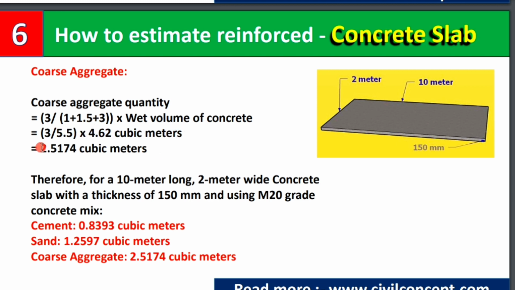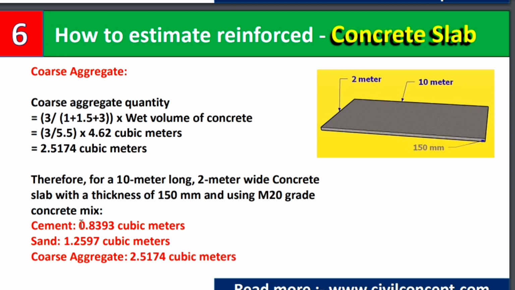Okay, so after calculating we'll get 2.5174 cubic meter of the coarse aggregate. Okay guys, so therefore for 10 meter long and 2 meter wide concrete slab with thickness 150 mm and using M20 grade of concrete mix, we will require cement 0.8393 cubic meter and sand 1.2597 cubic meter, and coarse aggregate required will be 2.5174 cubic meter.